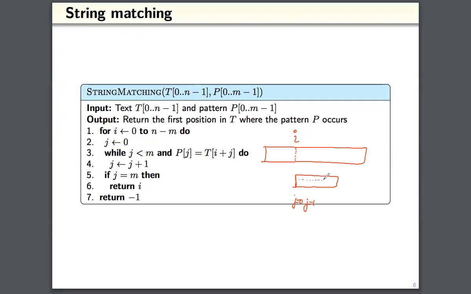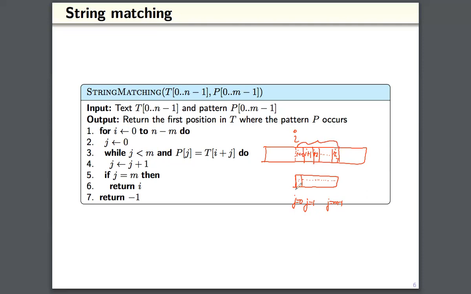All these are indices in the pattern up till J is equal to m minus 1. J is equal to 0, J is less than m, and P of J matches with T of I plus J. I plus 0 is this, I plus 1 is this, I plus 2 is this, so on up till I plus m minus 1 is this, right?